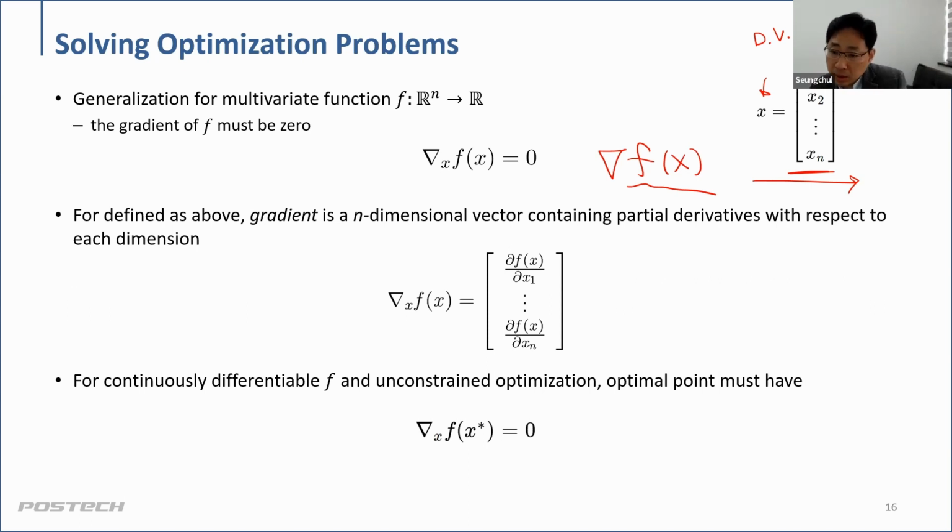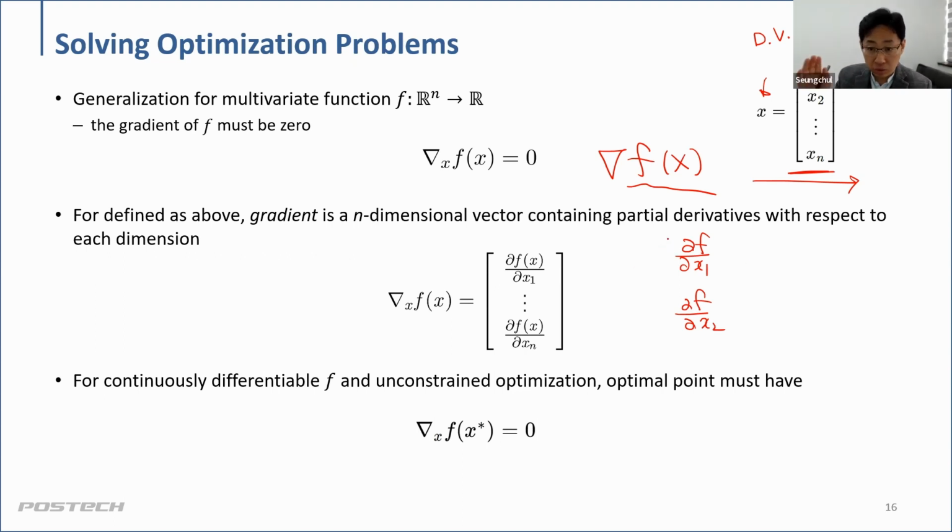Then we can think of the derivative of that objective function with respect to the first decision variable, x of 1. And the derivative of the objective function with respect to the second decision variable, x of 2, right?